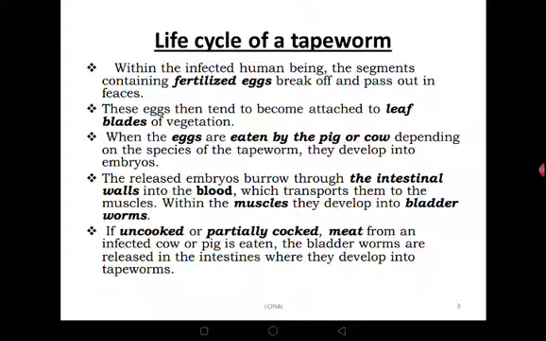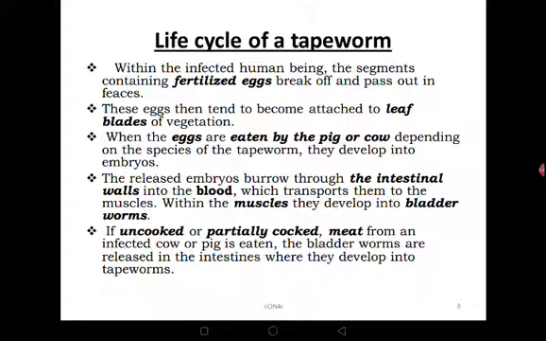And then the pigs, you know what pigs do? They can eat the feces, or they can eat the grass, the leaves. The cow also eats these leaves. And that's how these eggs are passed to the intermediate host, the cow or the pig.